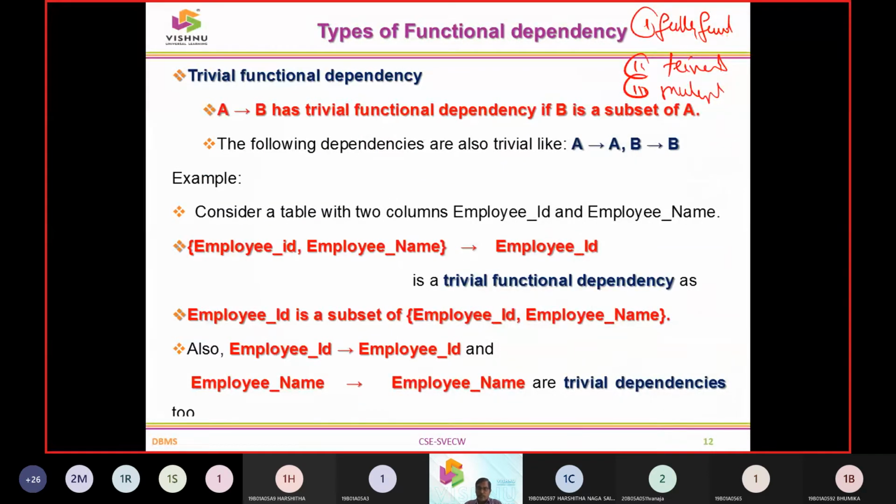Two, we call fully functional dependency. Three is called multi-valued dependency. So the different types of functional dependencies: one, fully functional dependency; two, trivial dependency; three, multi-valued dependency.